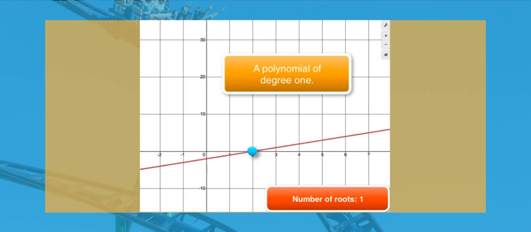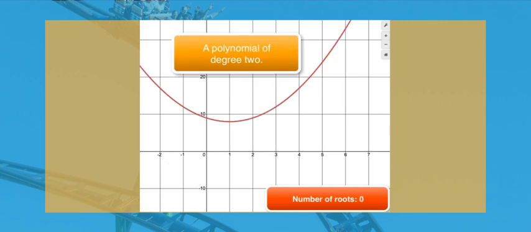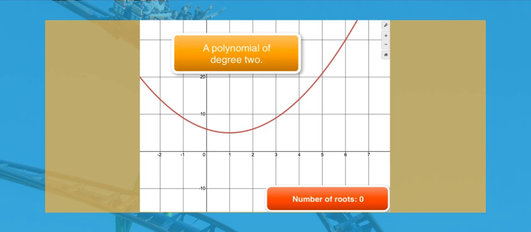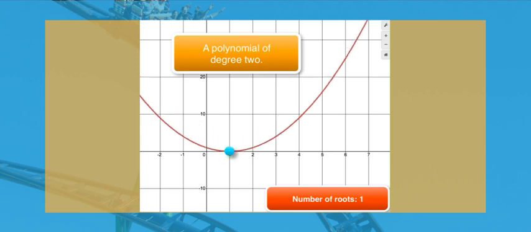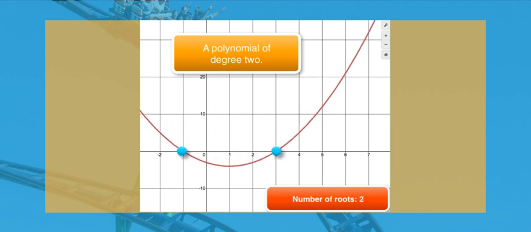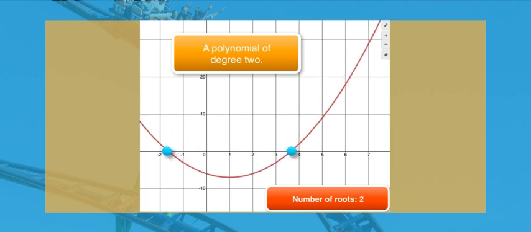A polynomial function of degree 2 is a quadratic function. Some quadratics don't intersect the x-axis at all. Other quadratics intersect the x-axis only once. Other quadratics intersect the x-axis twice. But there are no quadratics that intersect the x-axis more than 2 times.